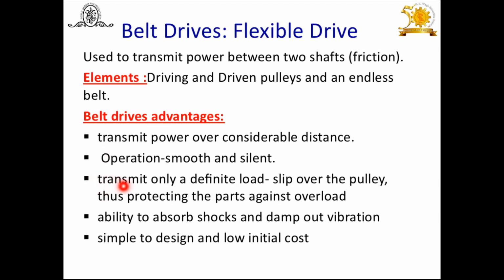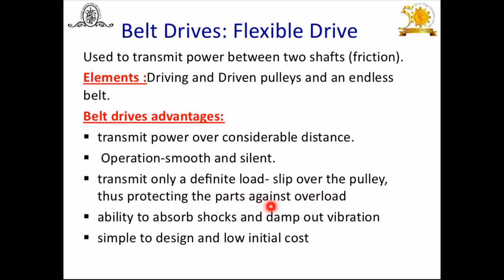Then it can transmit only a definite load and slips over the pulley when this load is exceeded, and because of that it protects the parts against overload. This is also one of the advantages. Slip is an advantage in this case.